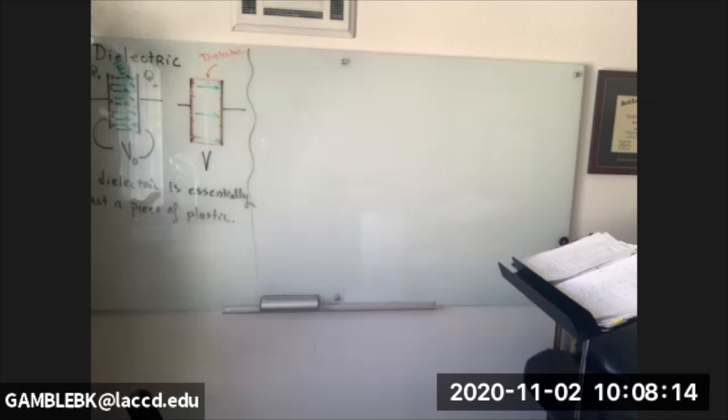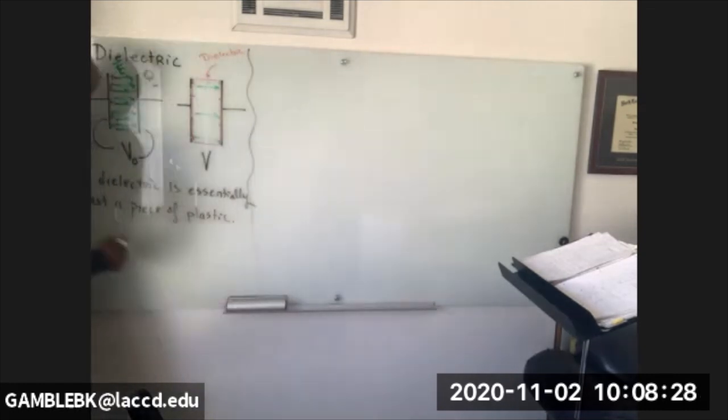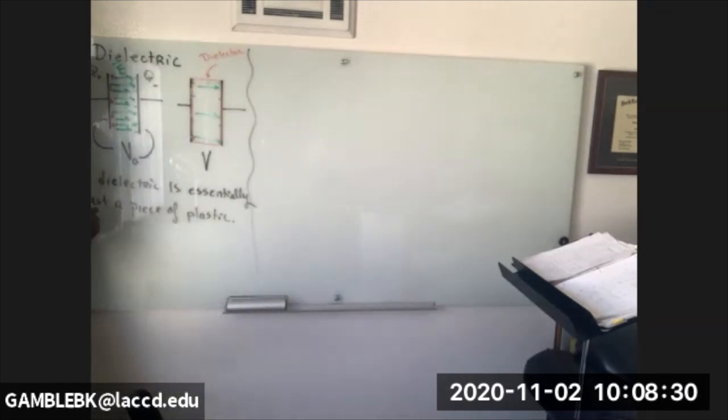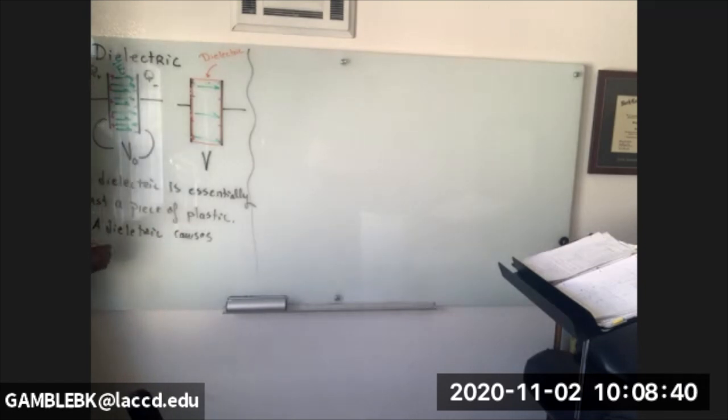What about the electric field? So just based on our intuition, we'd say that the electric field should decrease. Placing a dielectric in between the plates causes E to decrease.